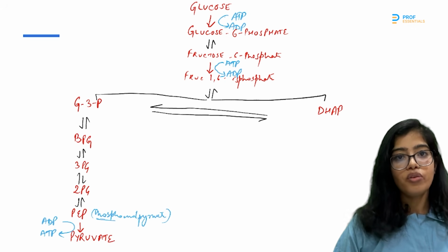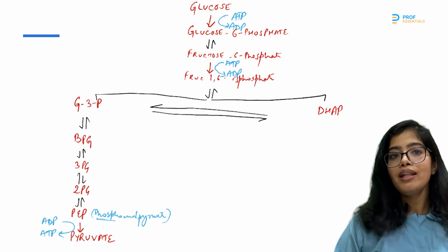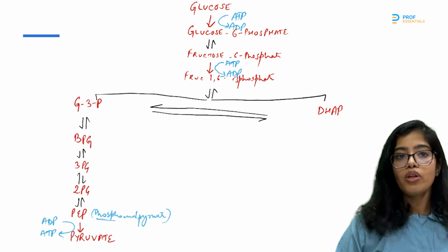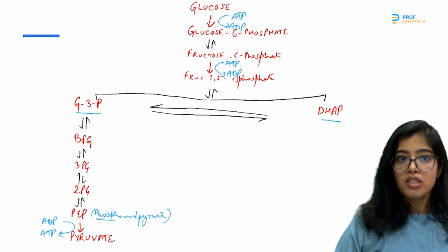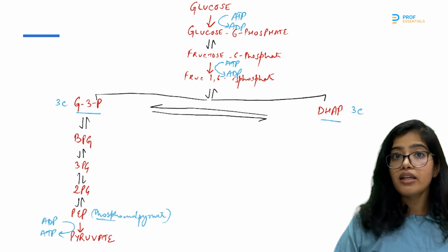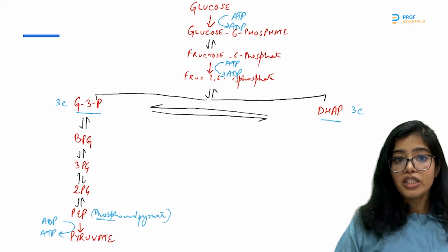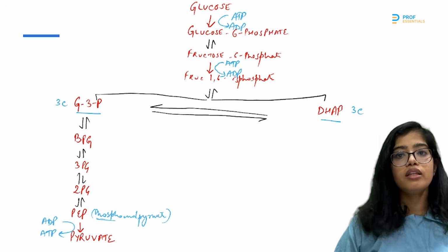Now, not to confuse you further, this one molecule of glucose will be broken down into one molecule of G3P and DHAP. Okay, so this is a 3-carbon compound, this is a 3-carbon compound, and they are interconvertible. So this reaction that is occurring with G3P, glyceraldehyde 3-phosphate, also occurs with DHAP.